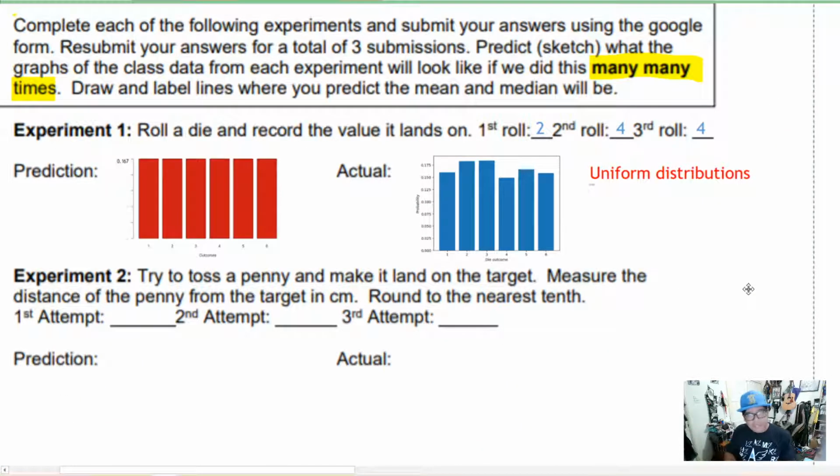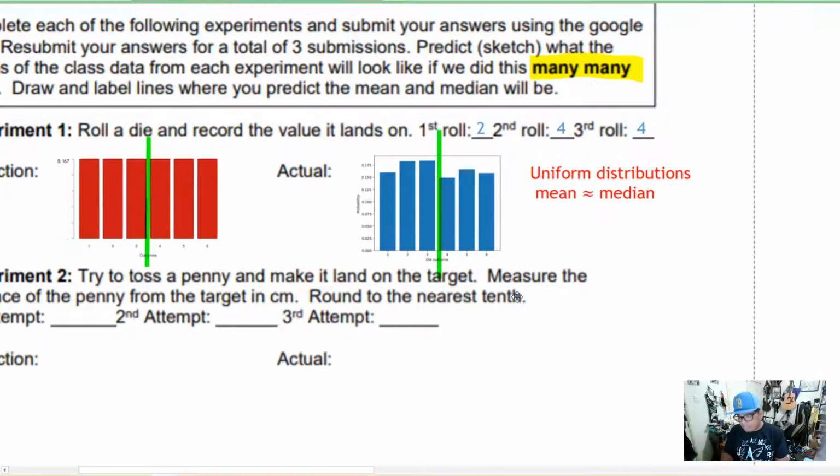And for both of these, the mean and the median should be right around the same place. This is kind of textbook symmetric. Symmetric means the left side and the right side are about equal to each other, and that's exactly what we see here. So in both cases, the mean is about equal to the median.